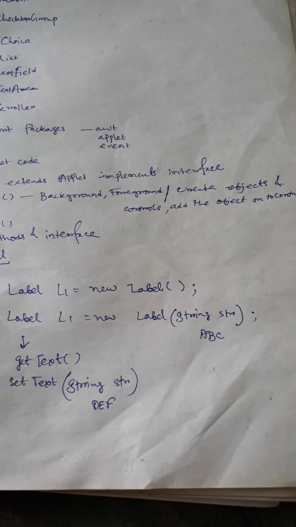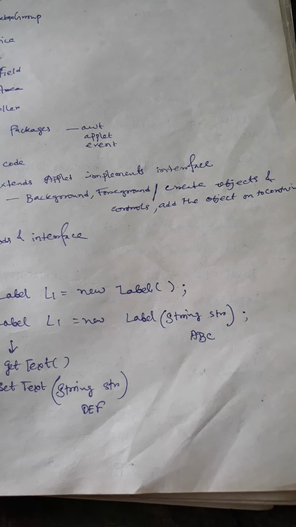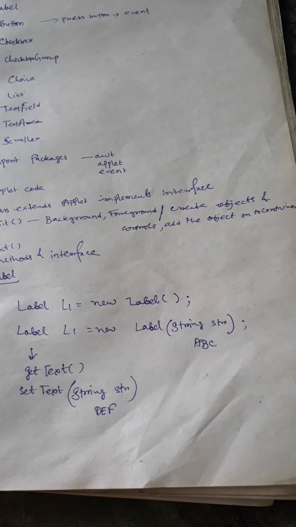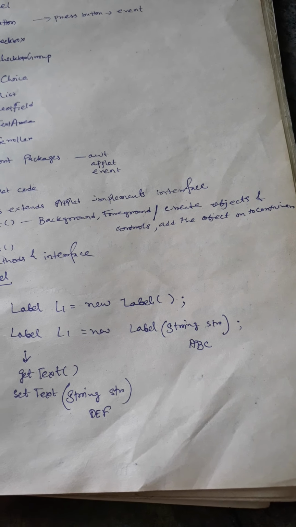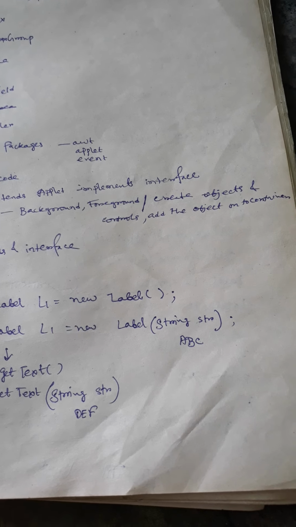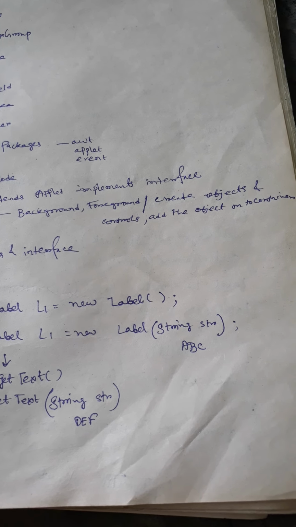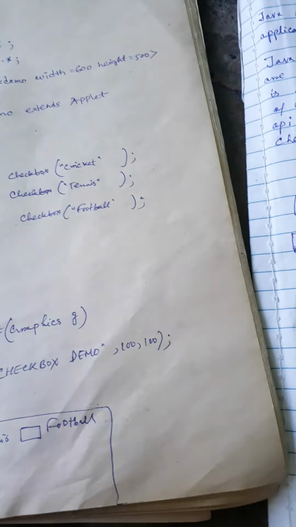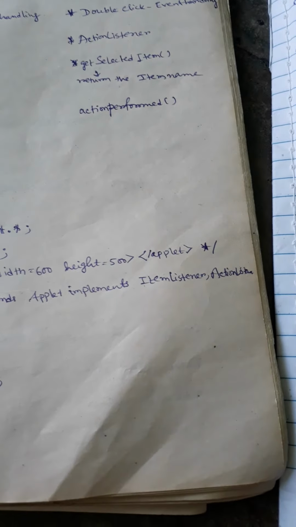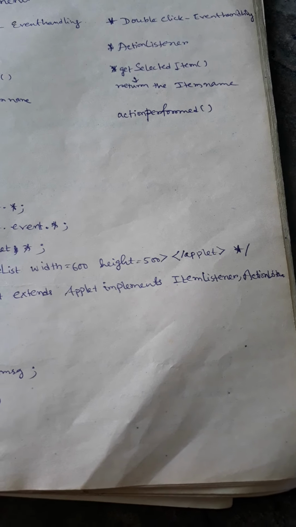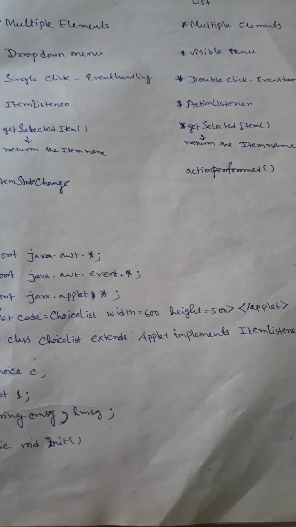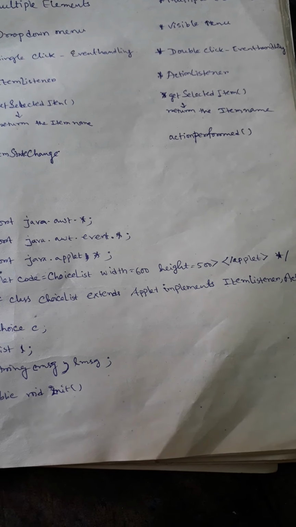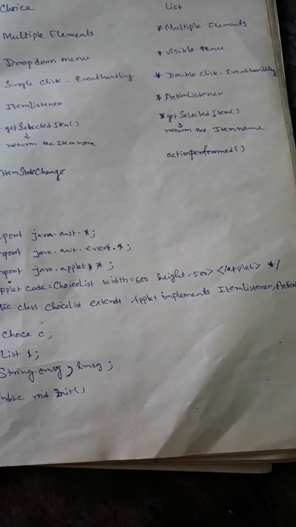What is a checkbox? A checkbox is a selection, and you can select multiple options. While a checkbox group is like a radio button, where at a time you can select only one option. And what is the difference between choice and list? Choice has multiple elements, and list also has multiple elements, but choice has a drop down menu, whereas list does not have a drop down menu, it's just a visible menu.